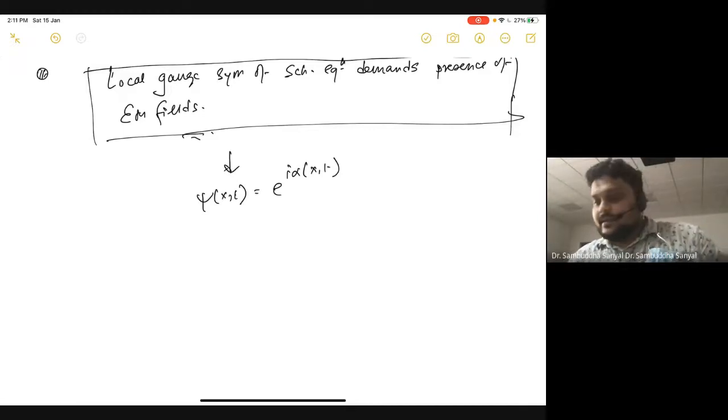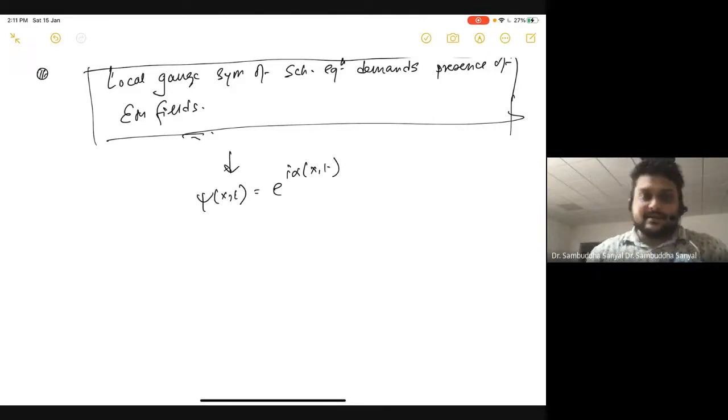It is a purely classical demand. There is no quantum mechanics in that, and you can visualize gravity as a gauge field without the need of quantum mechanics.